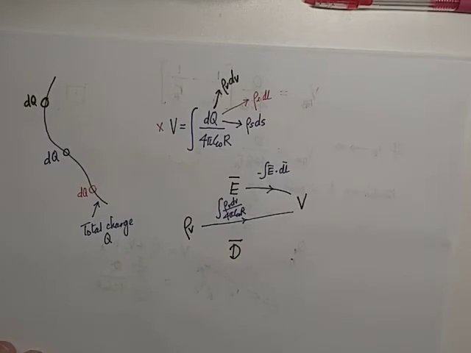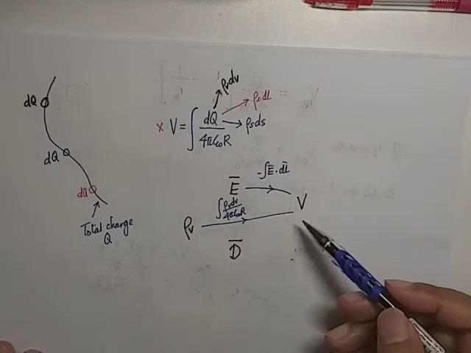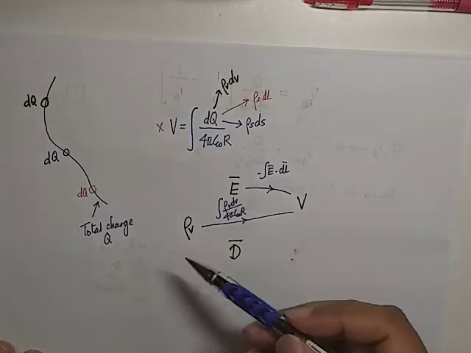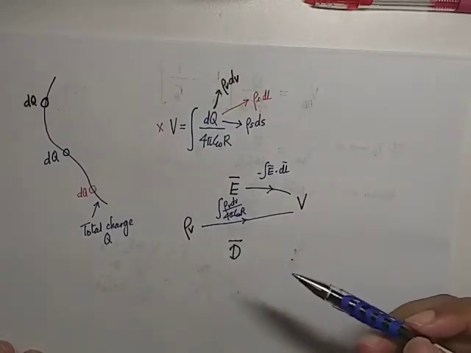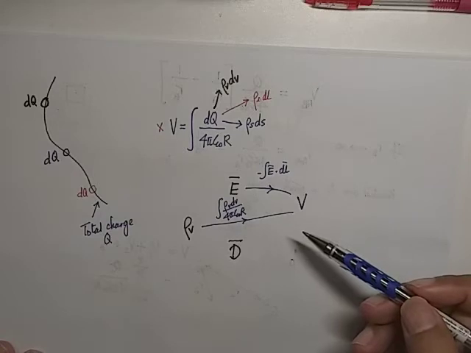In other words, there are two methods to find V, either from the information of electric field or the information of charge. It depends on you which method you want to use to determine V. It's up to you.